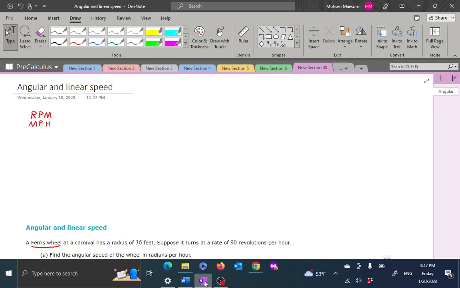Today's topic is angular and linear speed. I've written two abbreviations here. You must have heard about them, RPM and MPH. Of course, the first one is rounds per minute, and the second one is miles per hour.